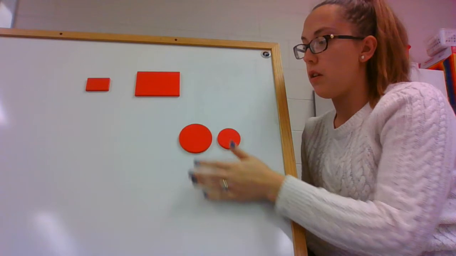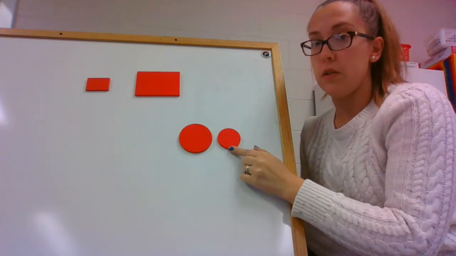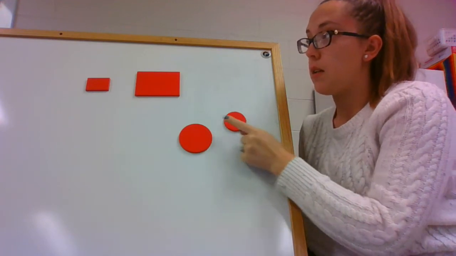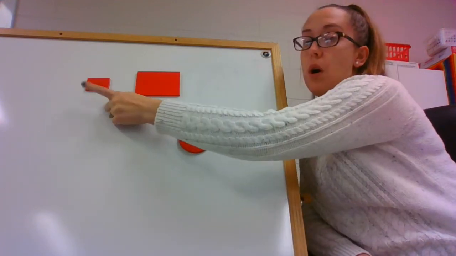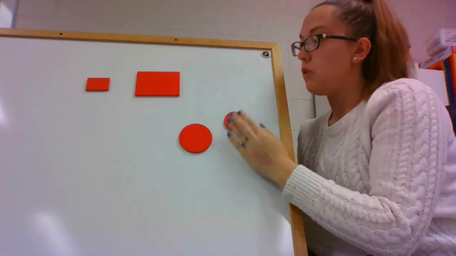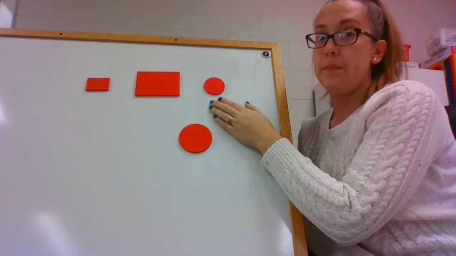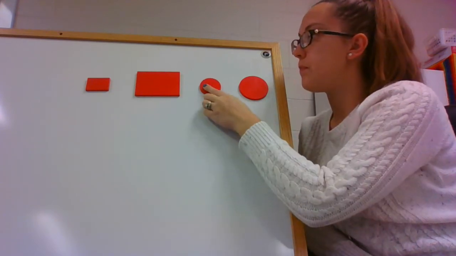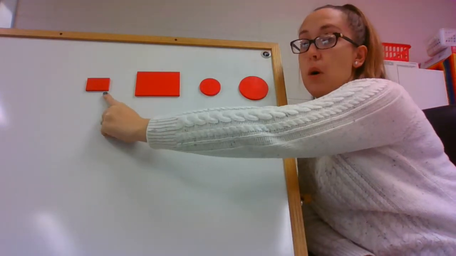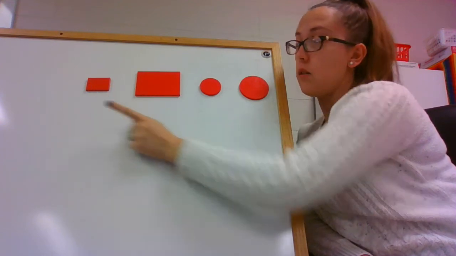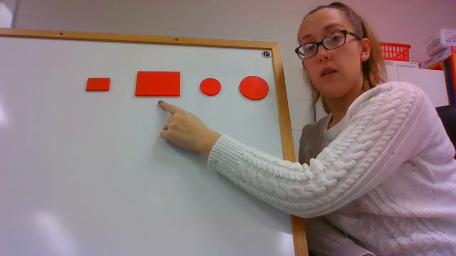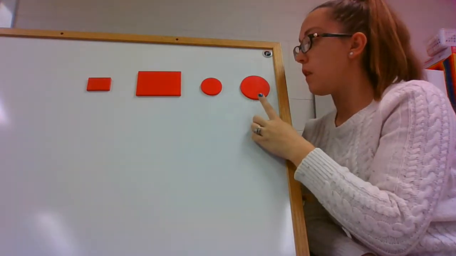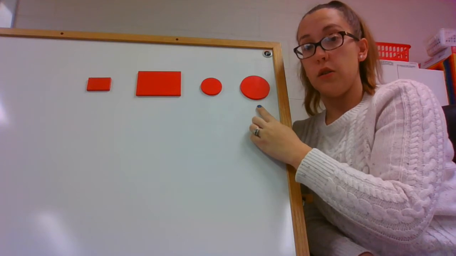And then with my circles, I also have a small circle and a large circle. So it's going to be just like my rectangles. I put the small one first and then the large one. Okay? So it goes small red rectangle, large red rectangle, small red circle, large red circle.